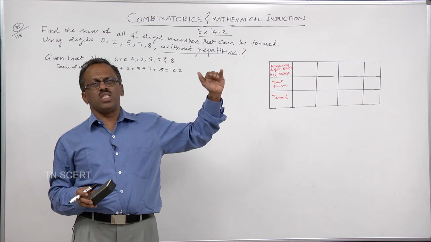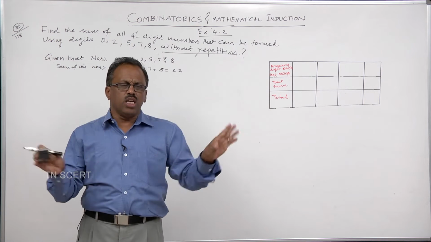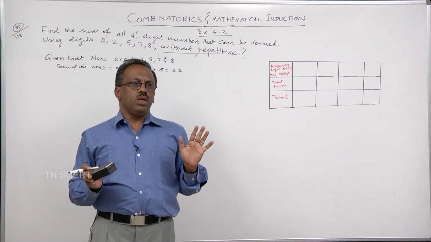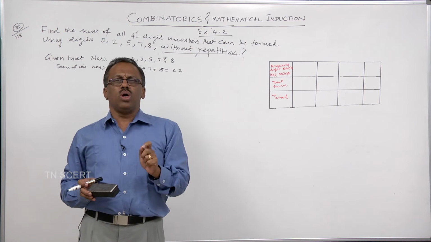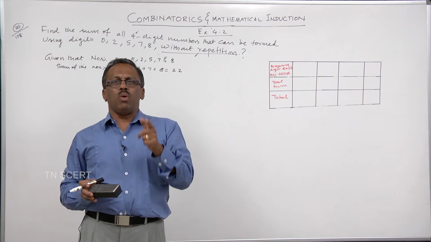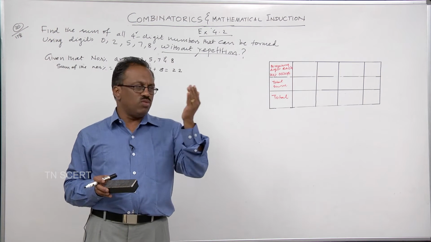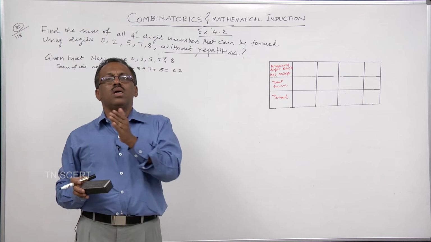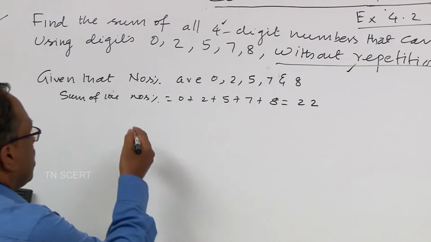The previous exercises and sums never gave any such condition, which means it was understood to be with repetition. If a condition like this is given, the number should not be reused once it is given to a place, whether unit, tens, hundreds or thousands.